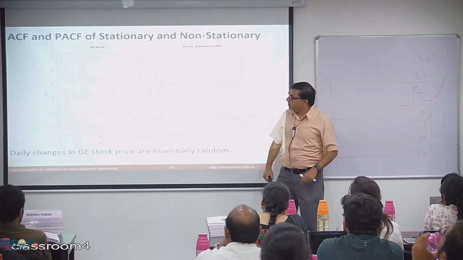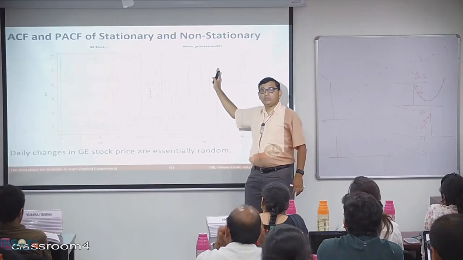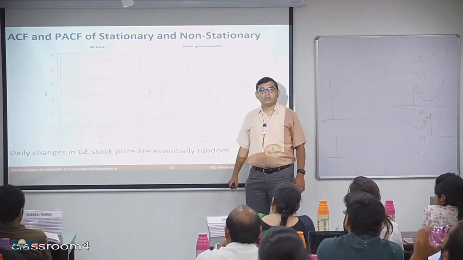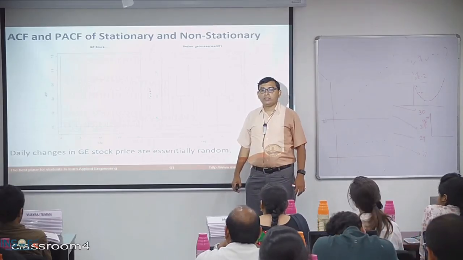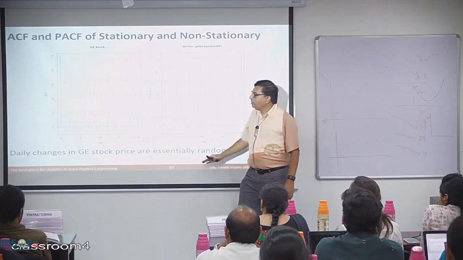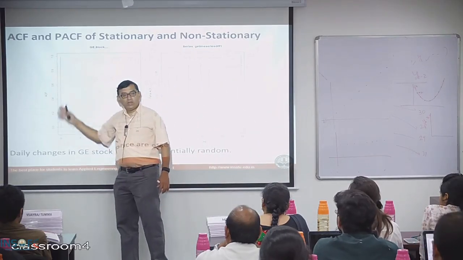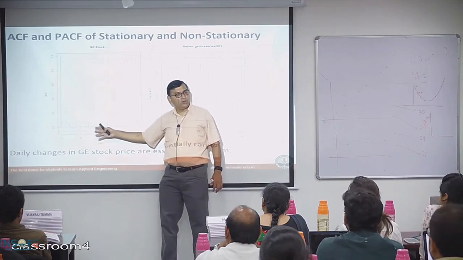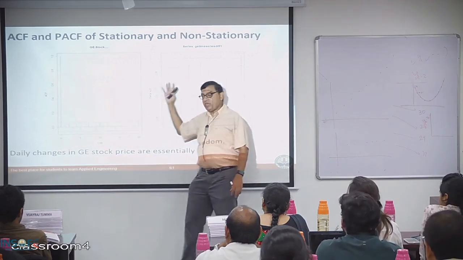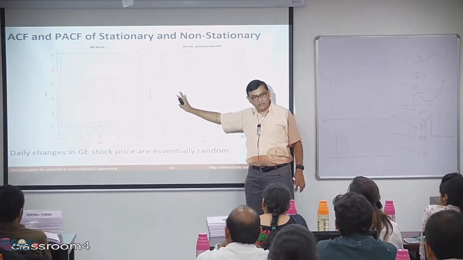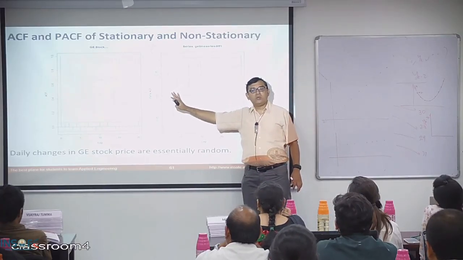When I do that and compute the ACF and PACF, what does that now remind you of? No trend at all. At lag 0 there is autocorrelation 1, but none of the other lags have any significant autocorrelation. PACF also has almost nothing significant. This is how random noise looks.